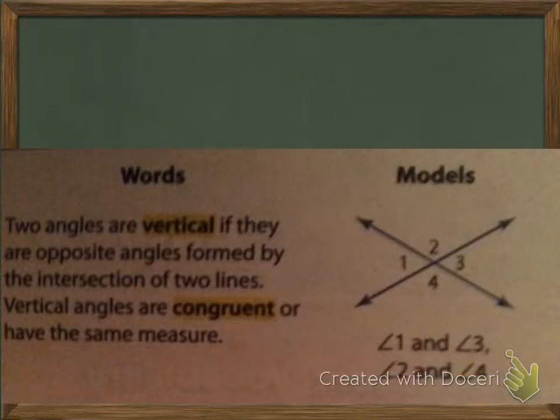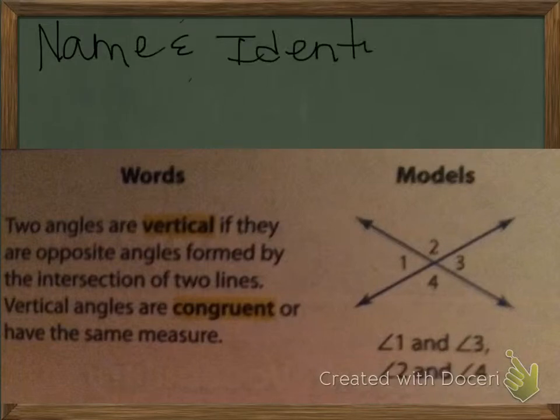So now let's look at naming and identifying angles. I have a model. If we have an intersection like this, we can look at the angles and see that two angles are vertical if they are opposite angles formed by the intersection of two lines.